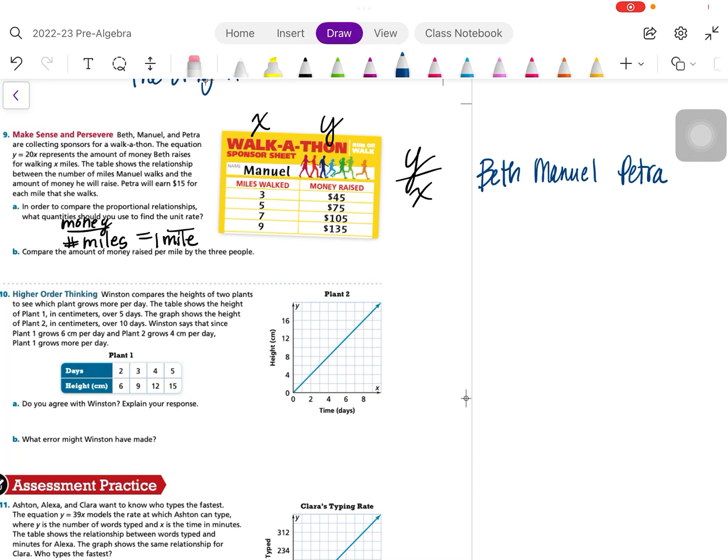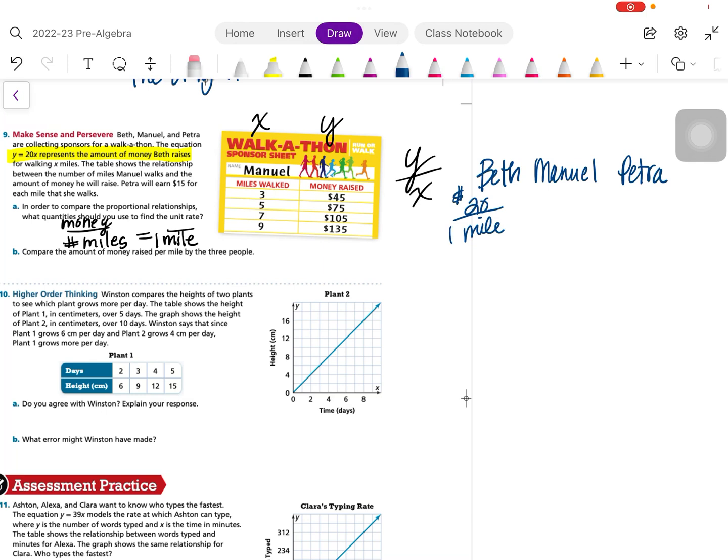So for Beth, it says this equation represents the amount of money that Beth raises, y equals 20x. Well, remember I told you that the number in the equation right before x represents the unit rate. So that means that Beth is raising $20 per mile.